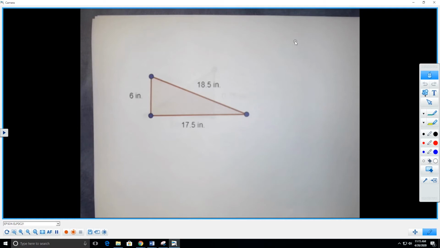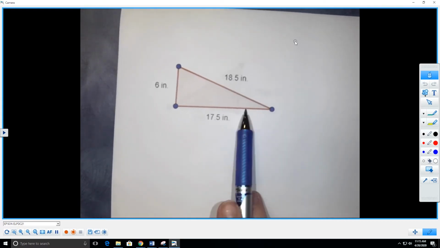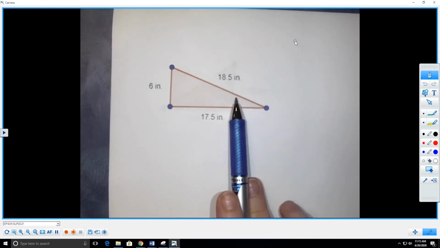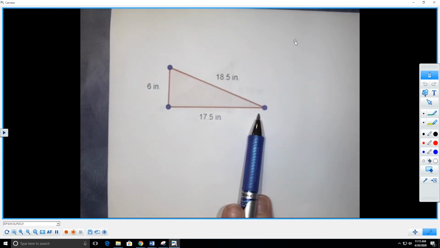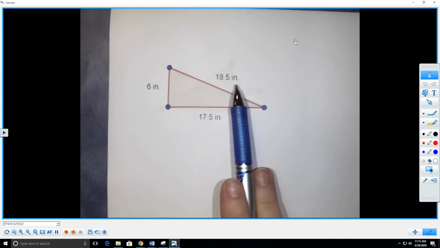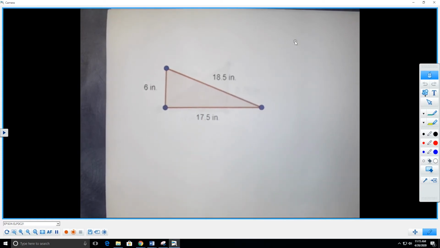What do you think? Right. 18.5 is our hypotenuse for our test because it's the longest measure and it's across from what appears to be a right angle. The other measures, 6 and 17.5, will be the leg measures.